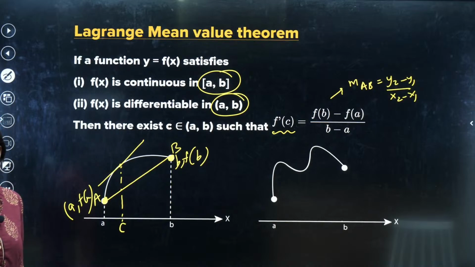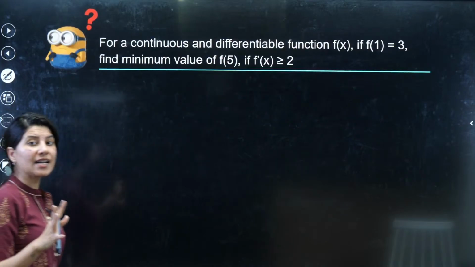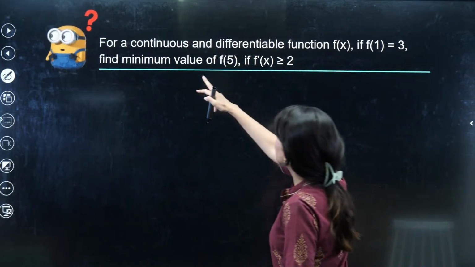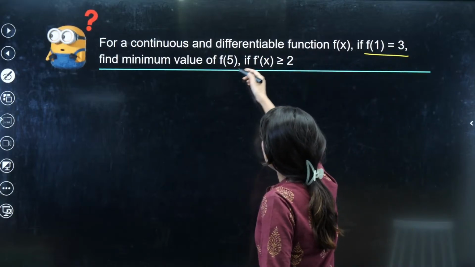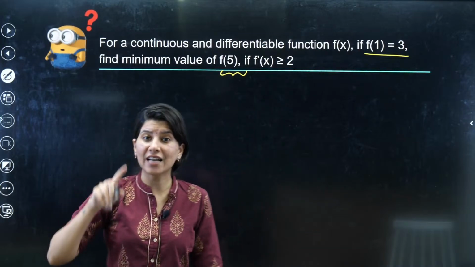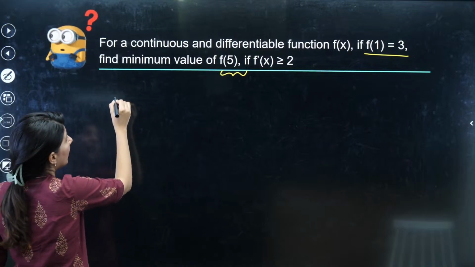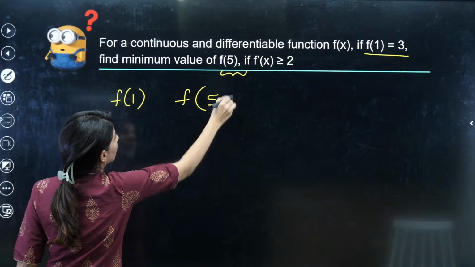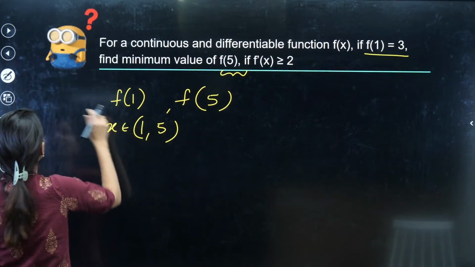Let's understand how to apply LMVT. The question says a function is continuous and differentiable, and it is given that f of 1 is 3, and we need to figure out the value of f of 5. So I am going to apply Lagrange's mean value theorem, LMVT, between 1 and 5.